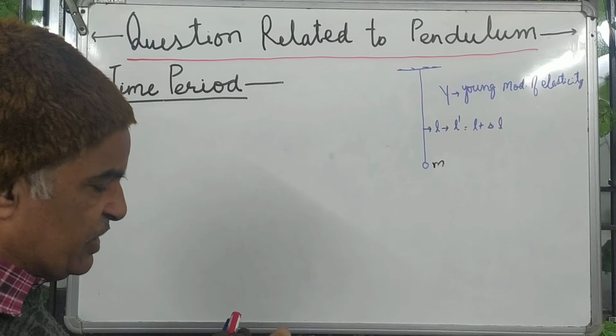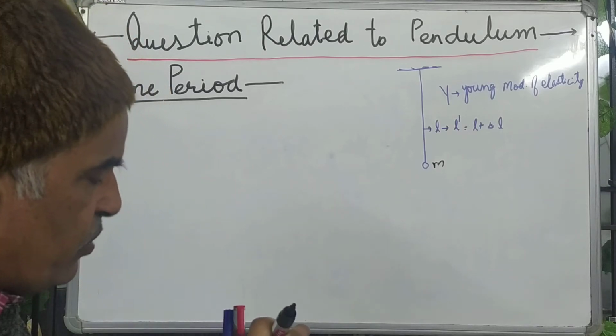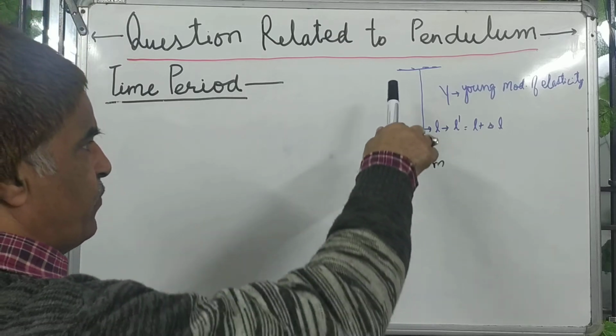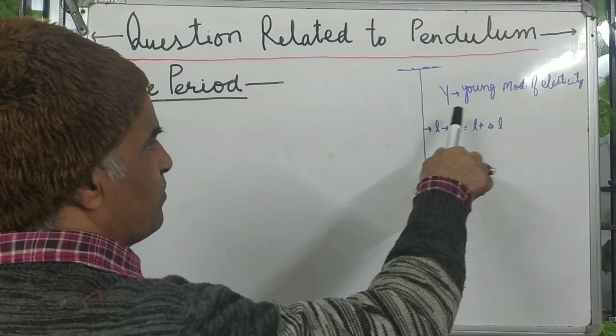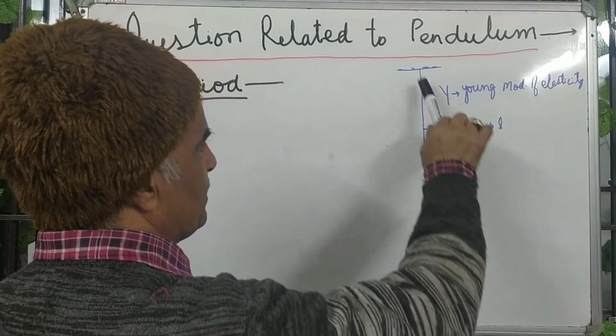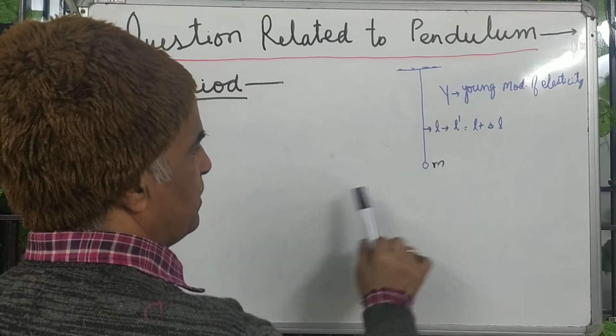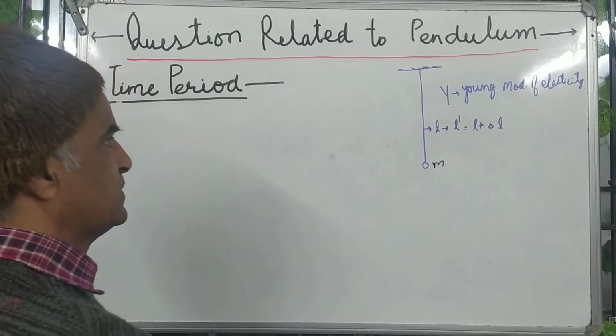The Young modulus of elasticity of the wire is Y, initial length L, mass m.